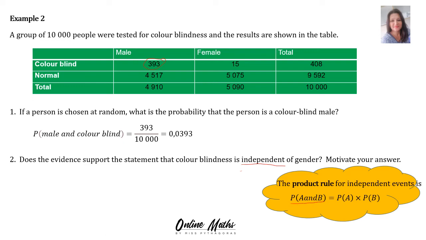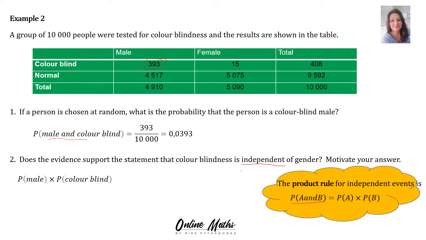Probability A and B, there it is. So now we're going to work out P(A) times P(B), which means probability male times probability colorblind. And if the two are equal, then yes, they are independent.